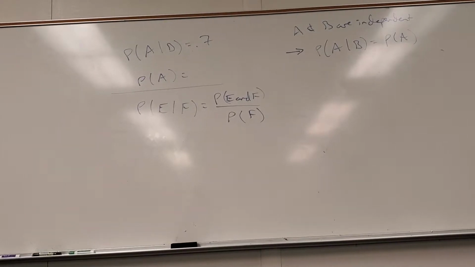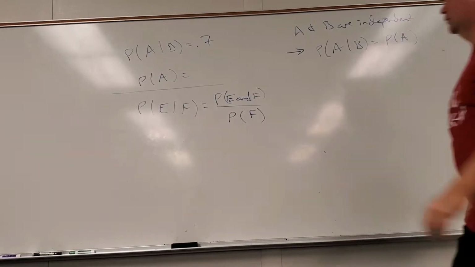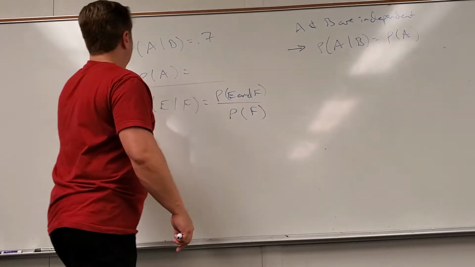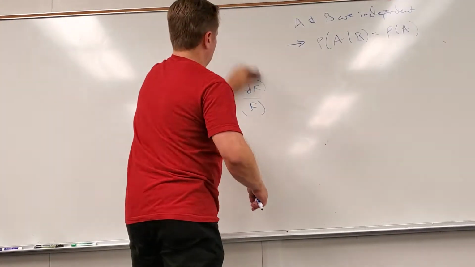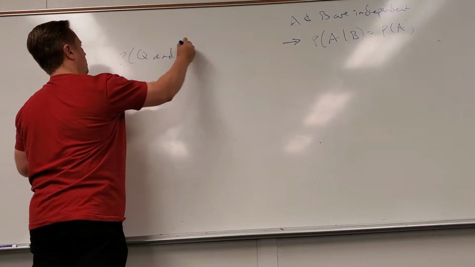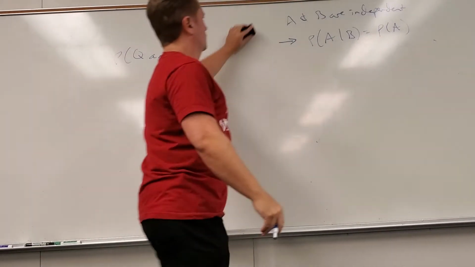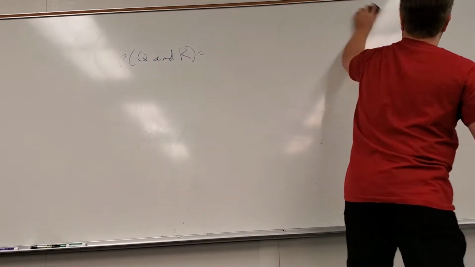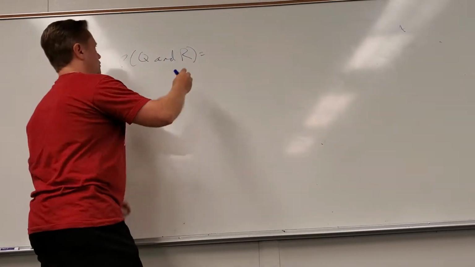So what's the formula for the probability of Q and R? There's two ways you can write it.